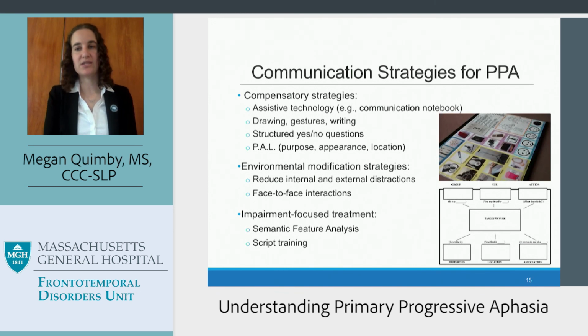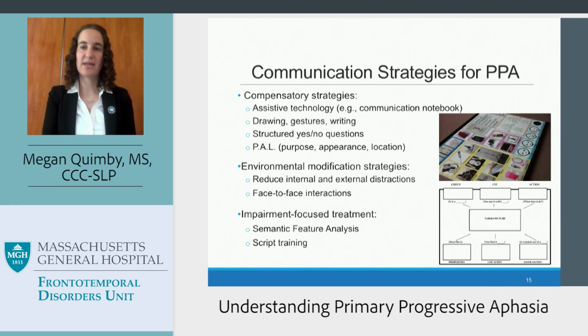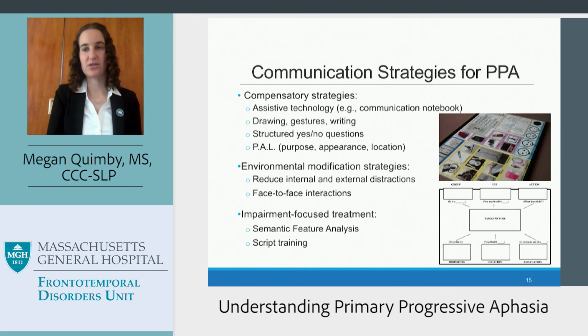For instance, if a patient is a hairdresser and they have a similar conversation at the beginning of work with a client, and they use that often, but they're having difficulty speaking that script, then the clinician and the patient and the care partner can come up with a script and then really repeatedly practice pronouncing the words in the script over and over again. And research has shown that has helped with pronunciation of that specific script over time.